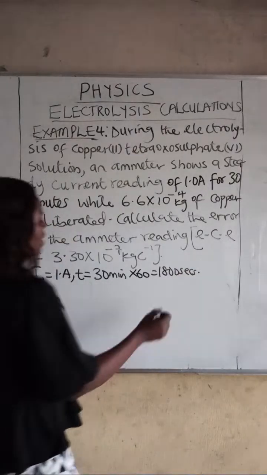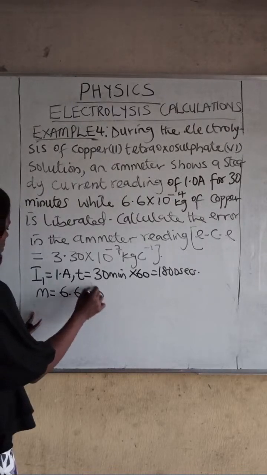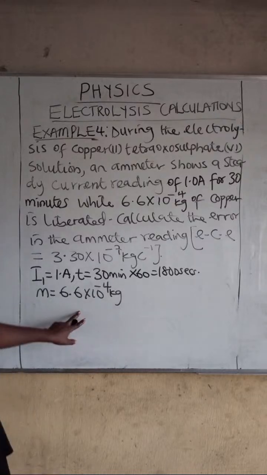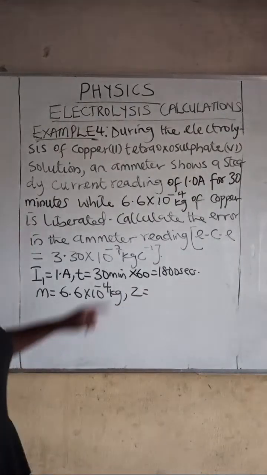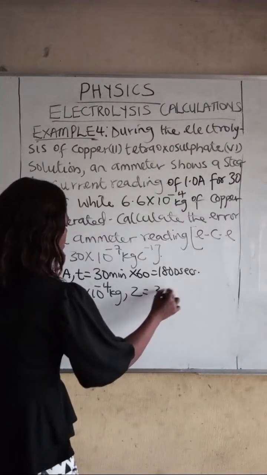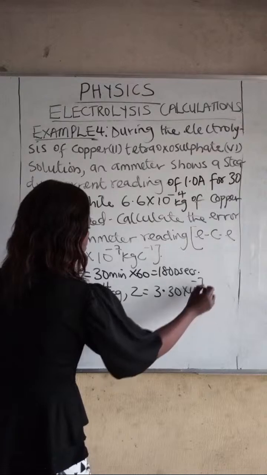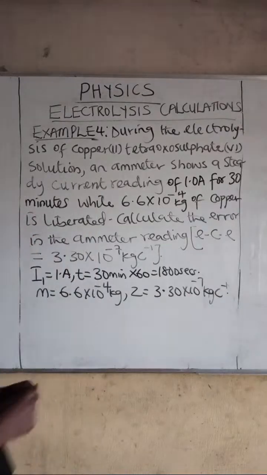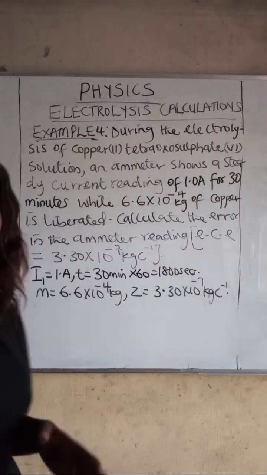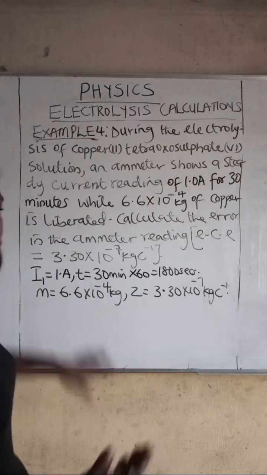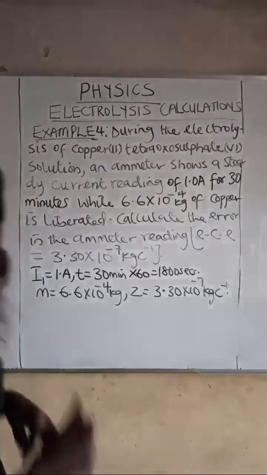Now the mass is given as 6.6 times 10 to the minus 4, then the electrochemical equivalent is given. So you can subtract to get the error.